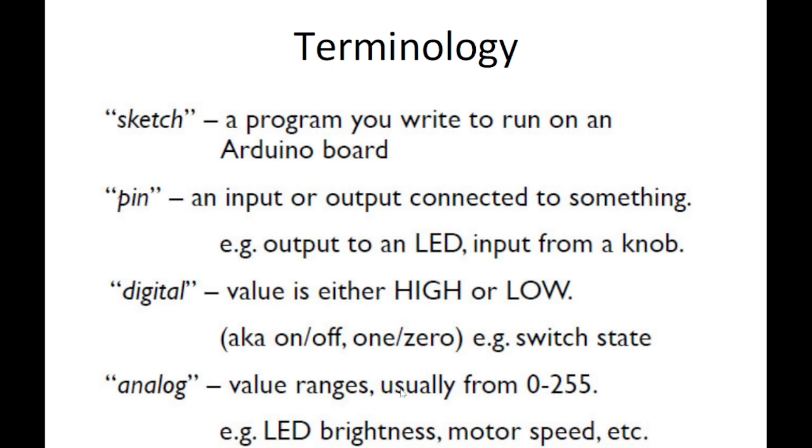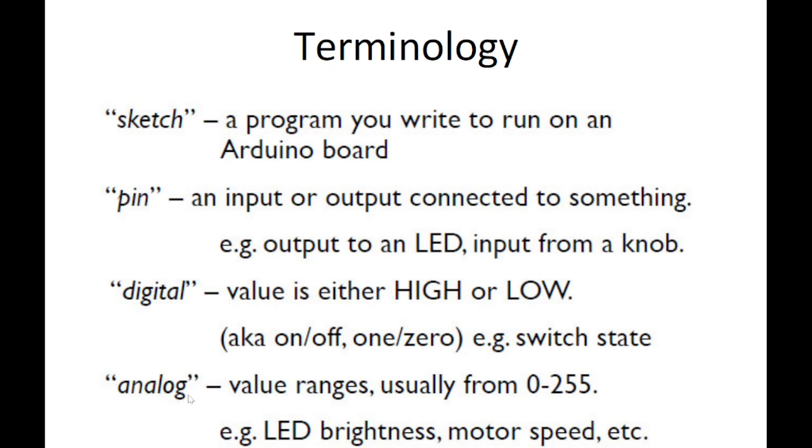And analog values range usually from 0 to 255, but the Arduino board has a 10-bit ADC, and its values go up to 2 to the power 10 minus 1. If you aren't sure about what I mean by 2 to the power 10 minus 1, please raise your hand and ask a question, and I'll explain that.